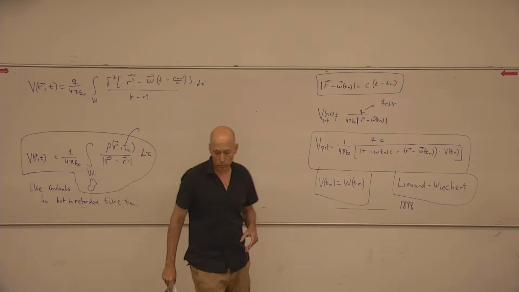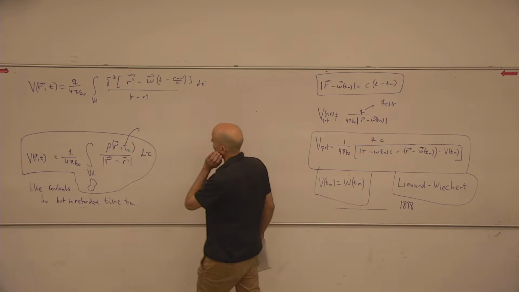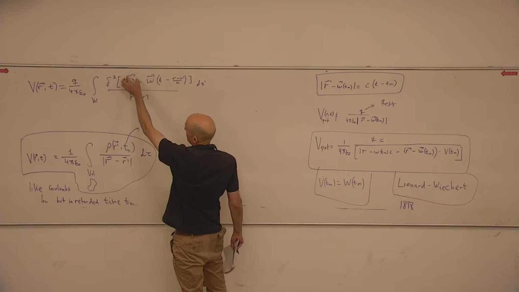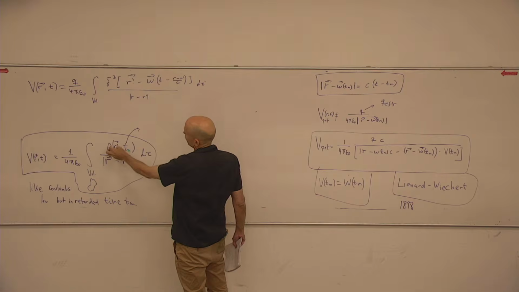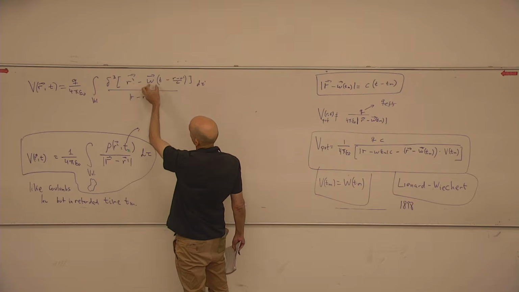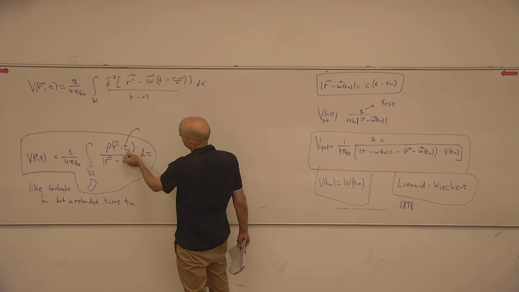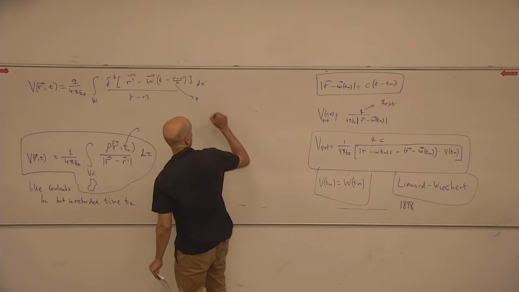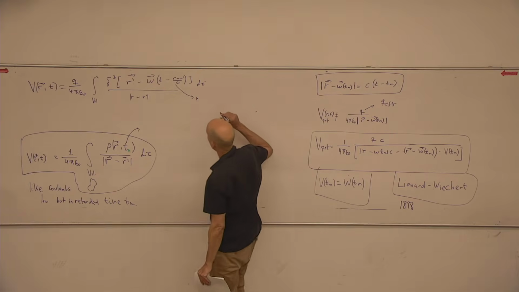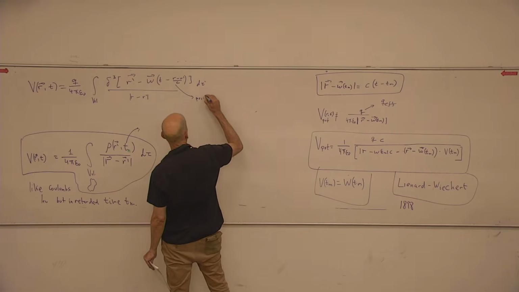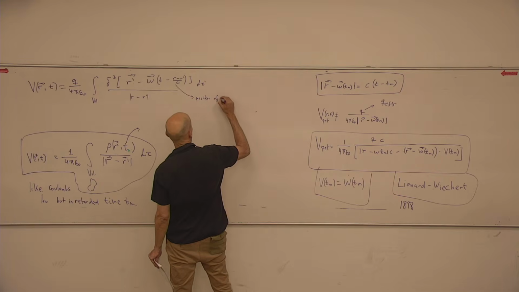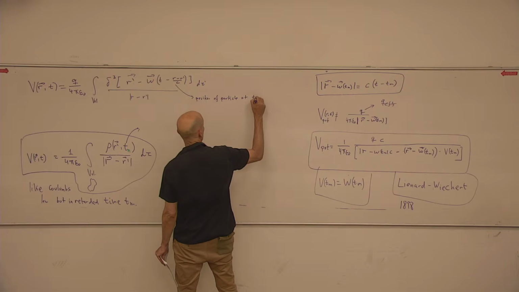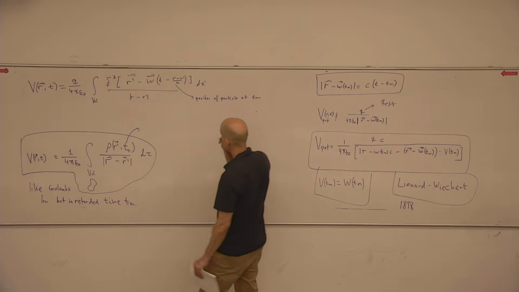I hope you understand what is written here. What is the charge? The charge is a delta function of r, but where? Where the particle is, but at time t_m. So this is the position of the particle. I used already this one here, and this is the position of the particle at t_m, because this is what you need to use here.